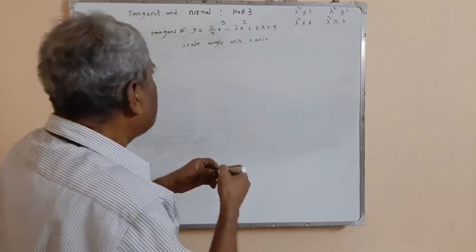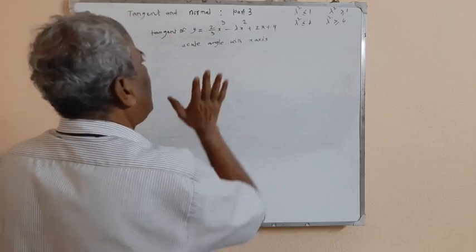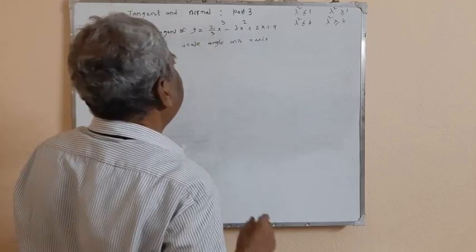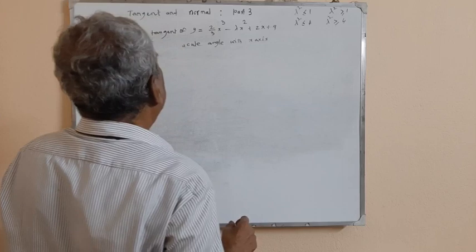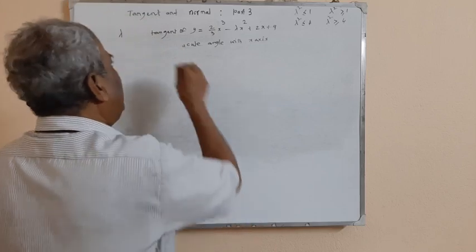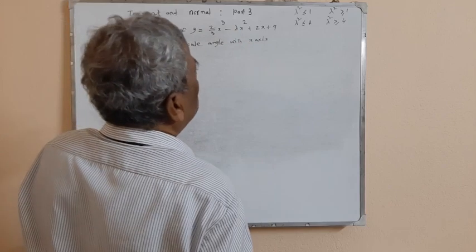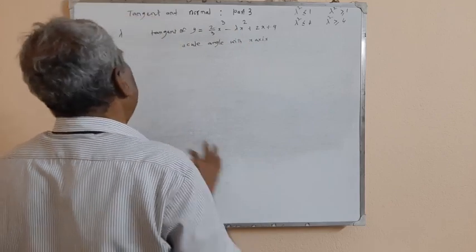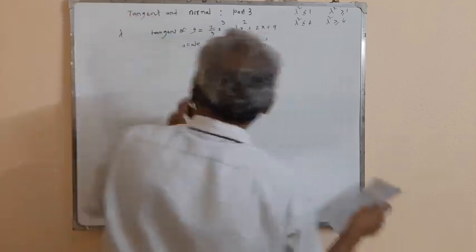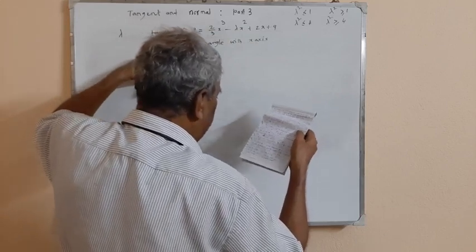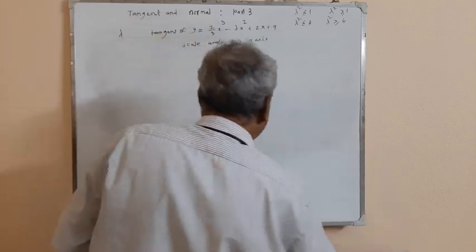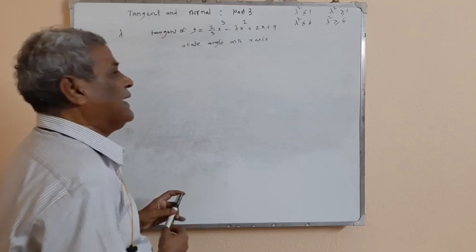So actually the problem is one curve is given. In that curve lambda is one unknown quantity. We have to find the range of lambda so that the tangent of that curve at any point makes an acute angle with x-axis.